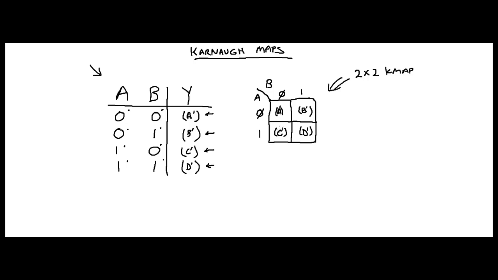Then once you have them transferred, the next step is you group them, and we're going to talk about that. Then after you group them, you then can create a Boolean expression for the circuit. All right? So this gives you another method to create a circuit. Okay? That's what this is for.